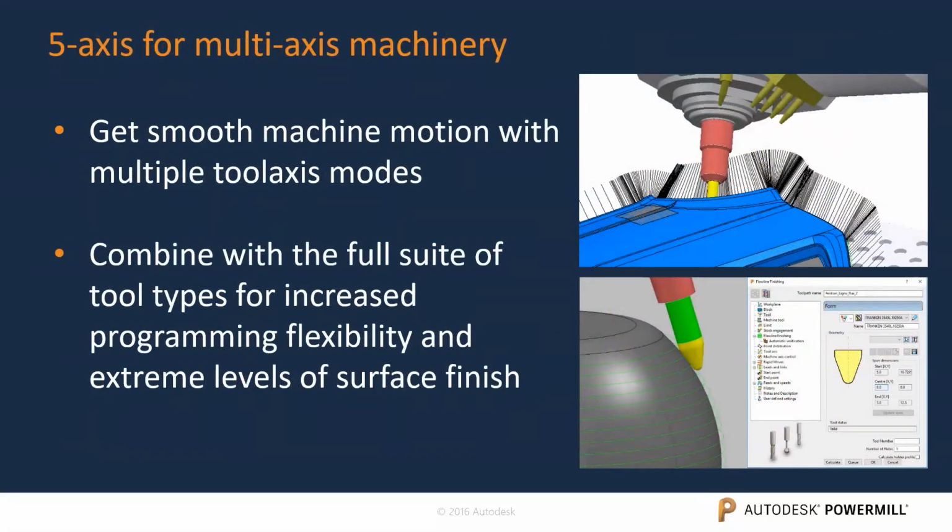Multi-axis machines, so true simultaneous 5-axis, we're able to get smooth motion with multiple tool axis options. We can see the tool vectors here on the right side, showing how smoothly those are distributed. And then combining the full suite of tool types for increased programming flexibility and extreme levels of surface finish.